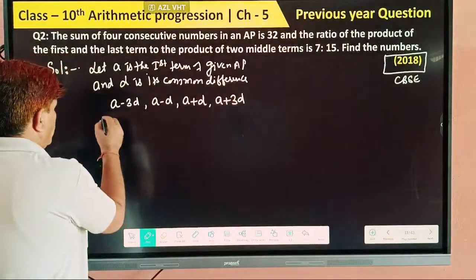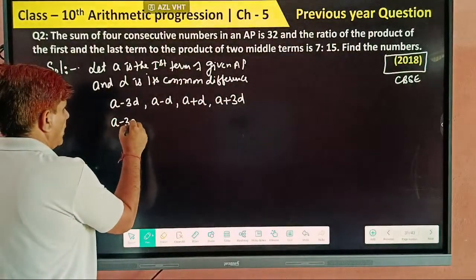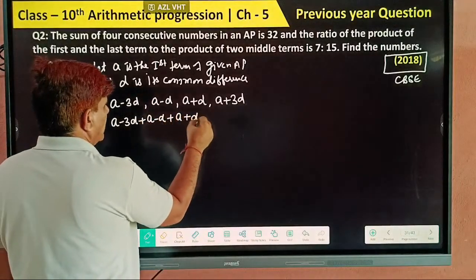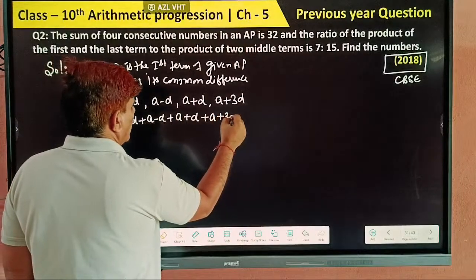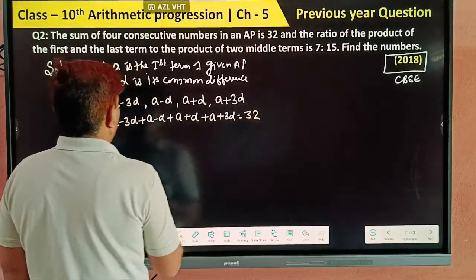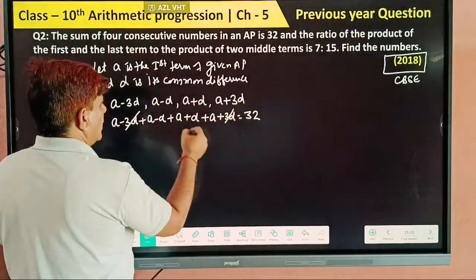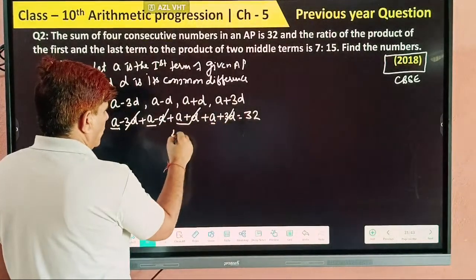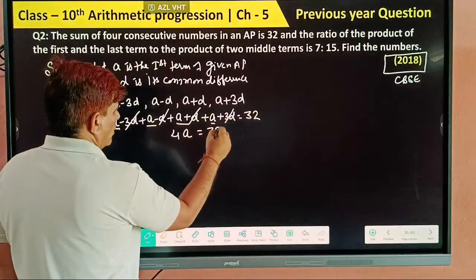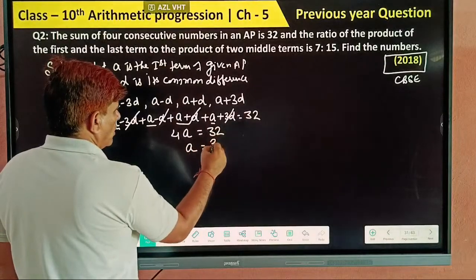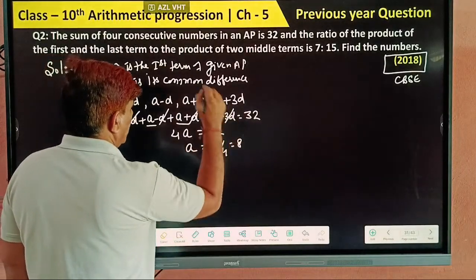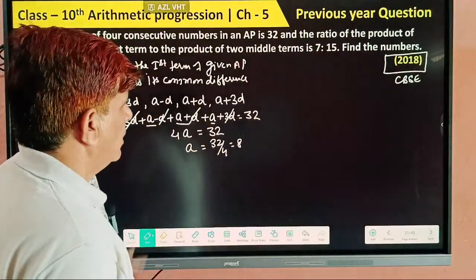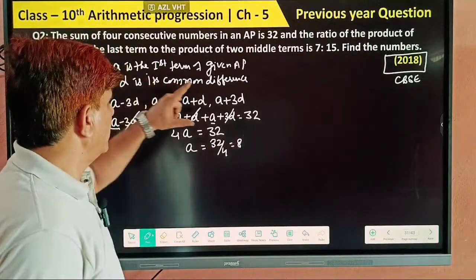So A minus 3D plus A minus D plus A plus D plus A plus 3D is equal to 32. This 3D cancels this 3D, D cancels this D. How many A? 4A equals 32. It means A equals 32 by 4, which is 8. So the first term of this AP is 8. Understood?